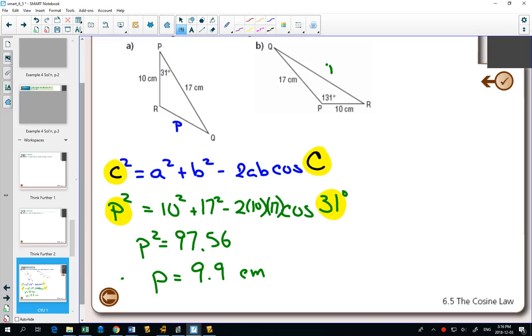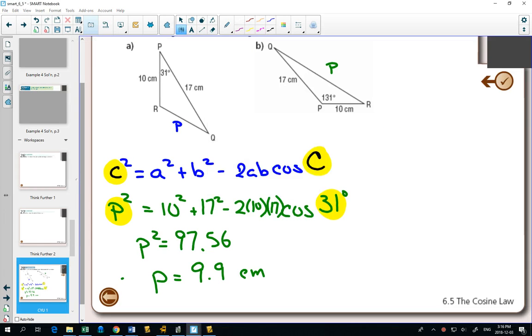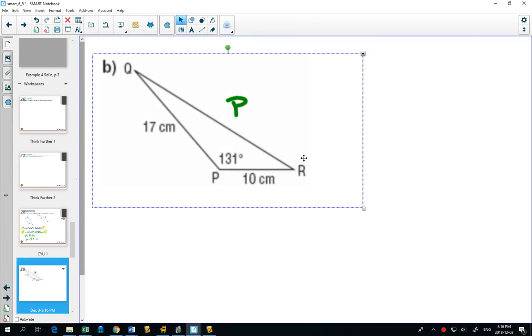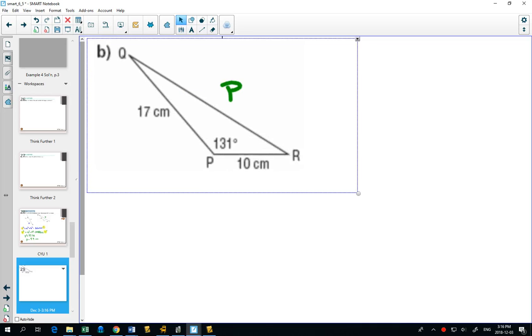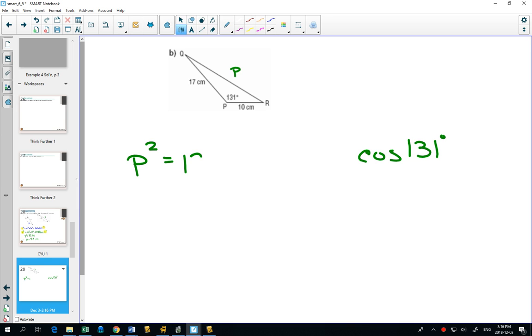Again, for the second one, we're going to want to solve for p here as well. Over here you'll have cos of 131. It doesn't matter which side you put first.